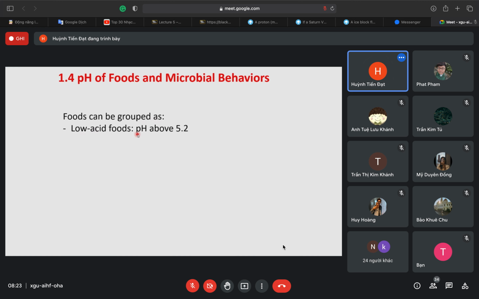Low acid food means not much acid in the content, with a pH value over 5.2. Medium acid food is about 5.2 to 4.6. Acid food has a pH of 4.6 to 4. So the key point here is 4.6.